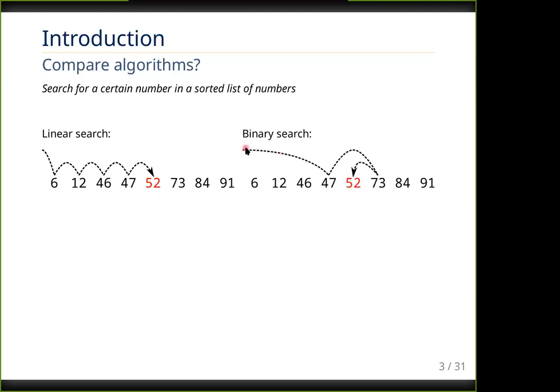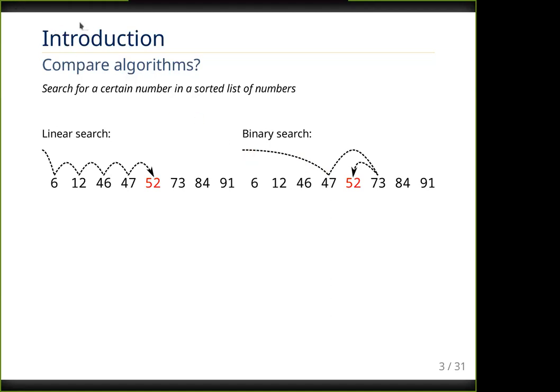In binary search, you jump directly to the middle element, and then you look at this element, and either you go right or left, depending on the item that you're looking for. Is it bigger than this middle element or smaller than this element?